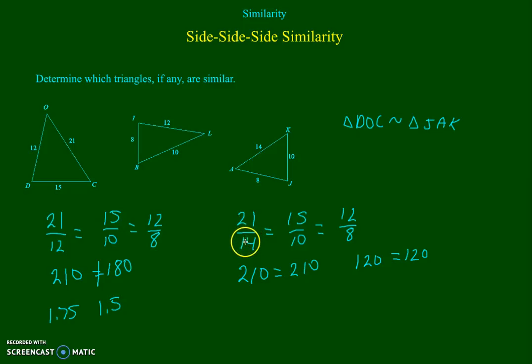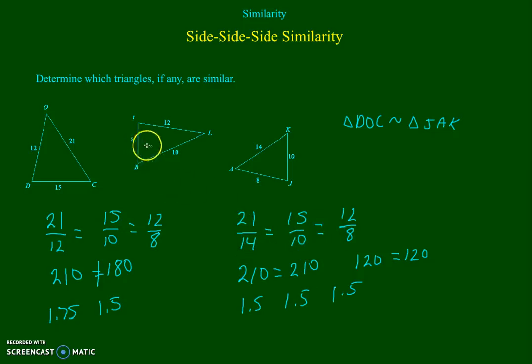Likewise here, we could say 21 divided by 14 is 1.5, and 15 divided by 10 is 1.5, and 12 divided by 8 is also 1.5. So we can see that all of these ratios are the same. These sides are in proportion.